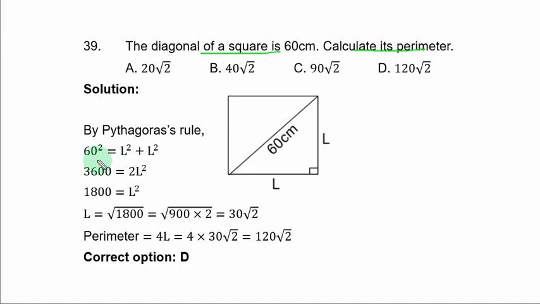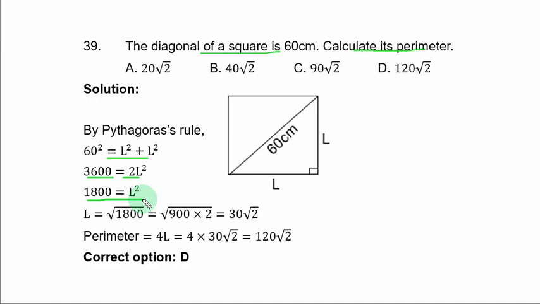So 60 squared, that is the longest side, is equal to L squared plus S squared, sum of squares on the other sides. You have 3600 equal to 2S squared, divide both sides by 2. 1800 equal to S squared.